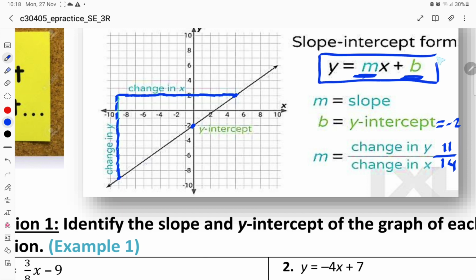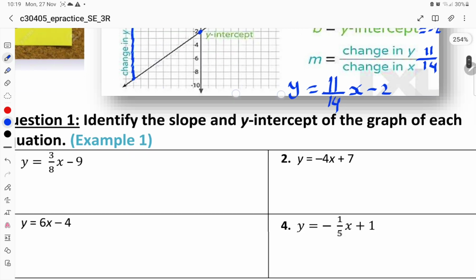Now, can I write my equation? Yes. Y equals mx. What is m? 11 over 14. Y equals mx plus b. What is b? b is -2. So this is my equation.